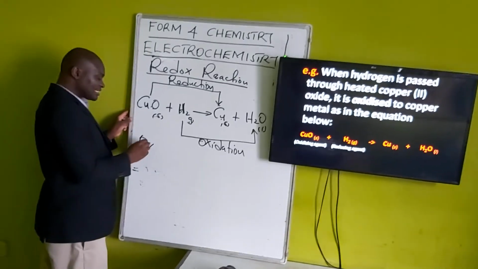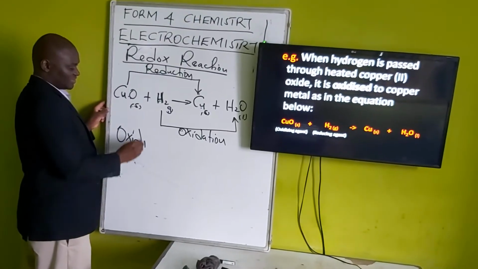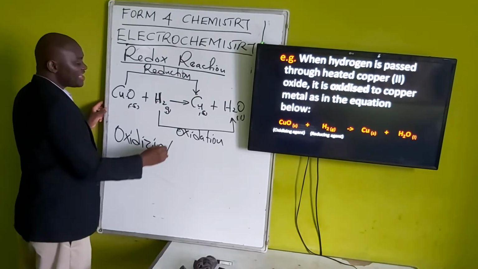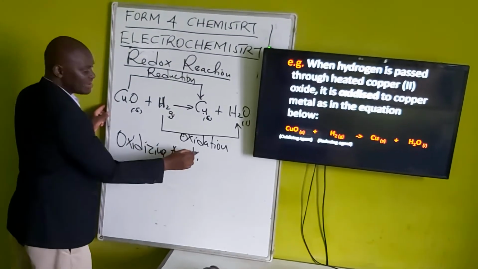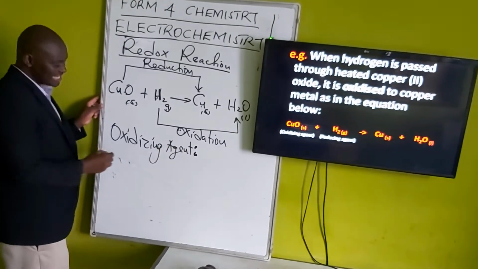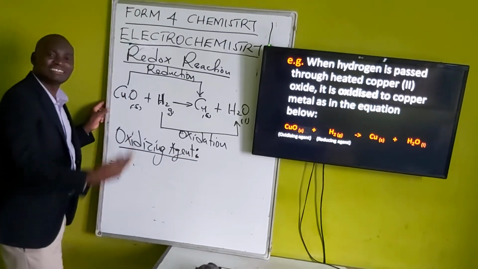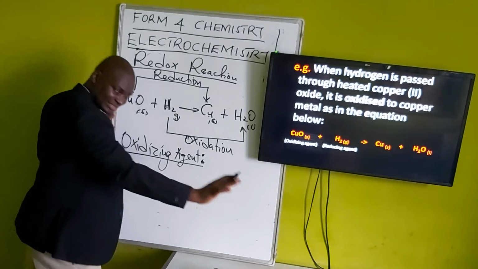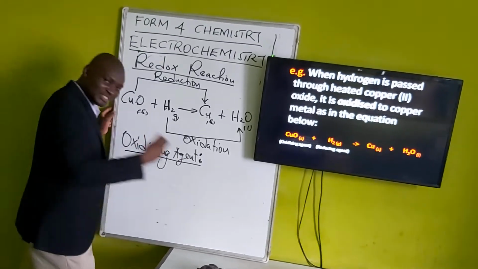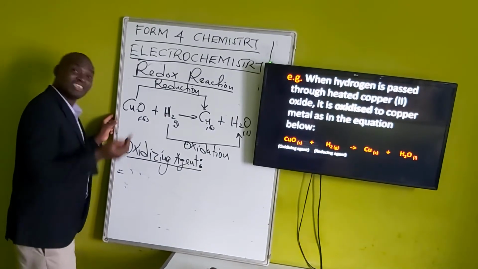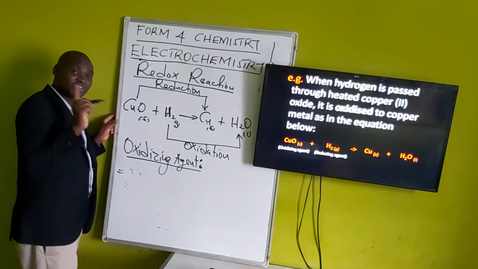Now we are supposed to identify oxidizing agents. In our case, the oxidizing agent here is the substance that donates oxygen. It loses oxygen. It gives out oxygen. What is giving out oxygen? It must be having oxygen.